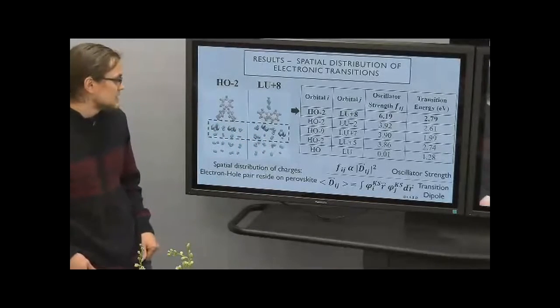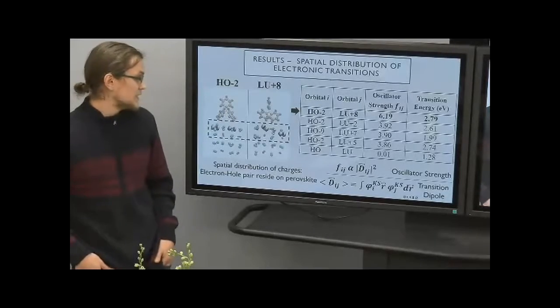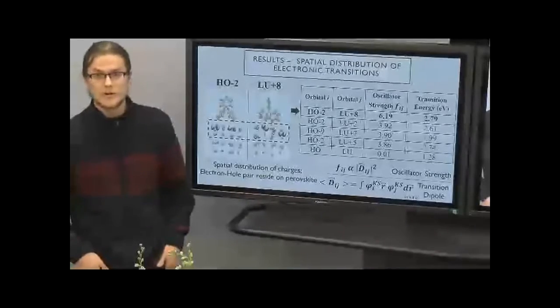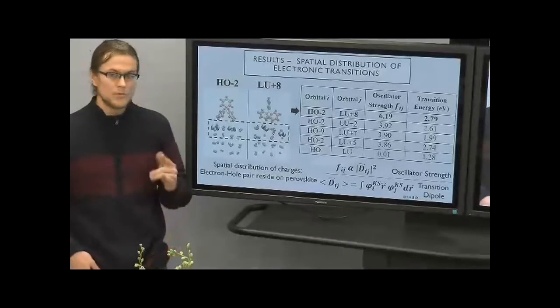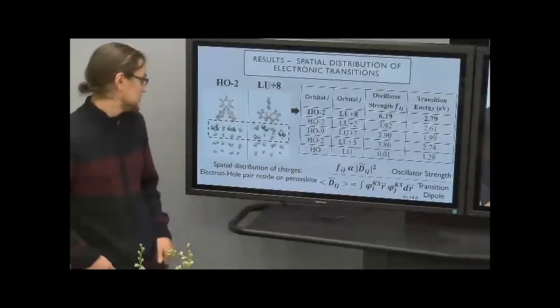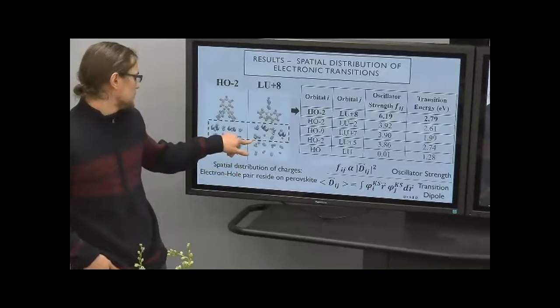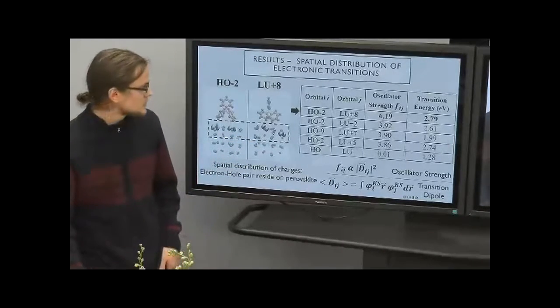That makes sense that it has a high probability, because the oscillator strength comes from the transition dipole; the oscillator strength is proportional to the square of the transition dipole. And the transition dipole is basically a measure of the orbital overlap between transition states. So it makes sense that the highest probability ones would be spatially close regions for transitions.